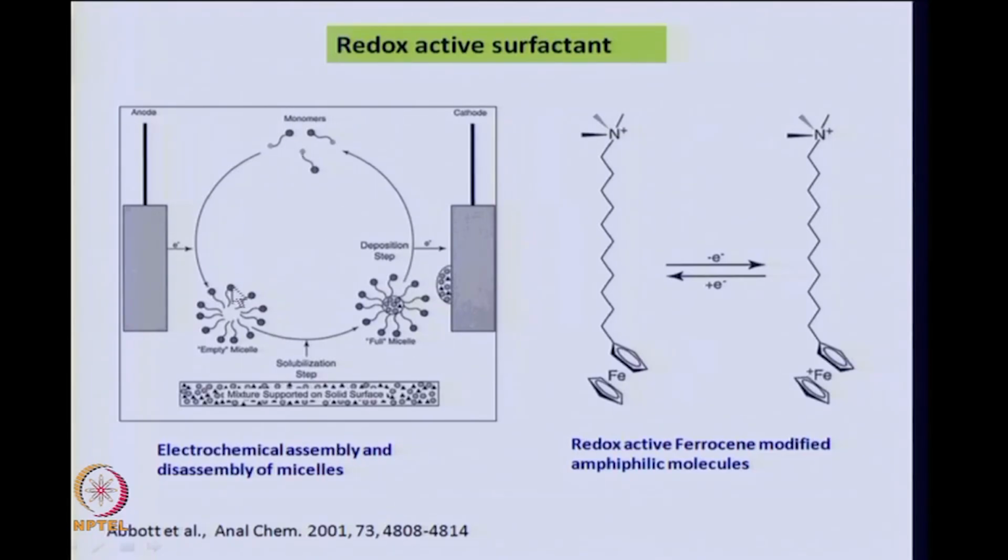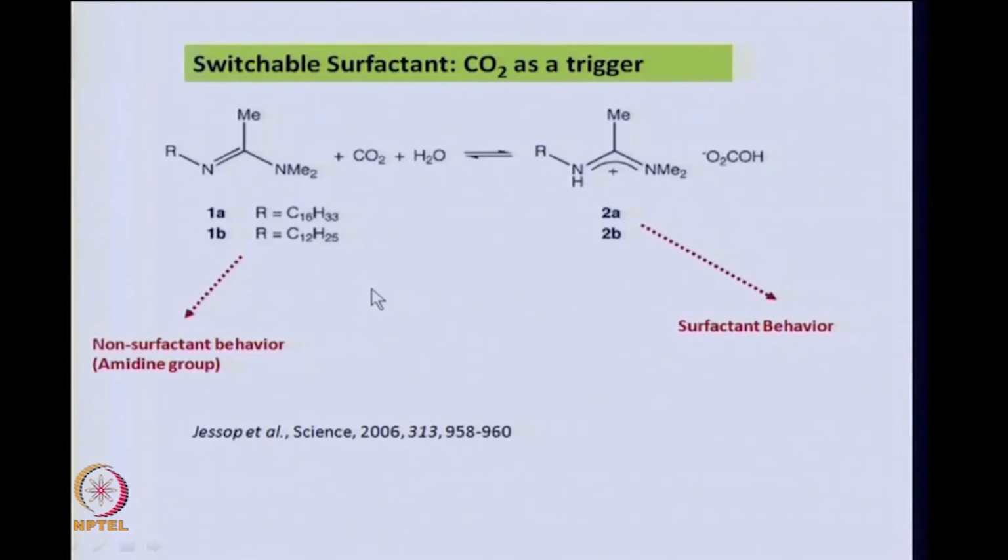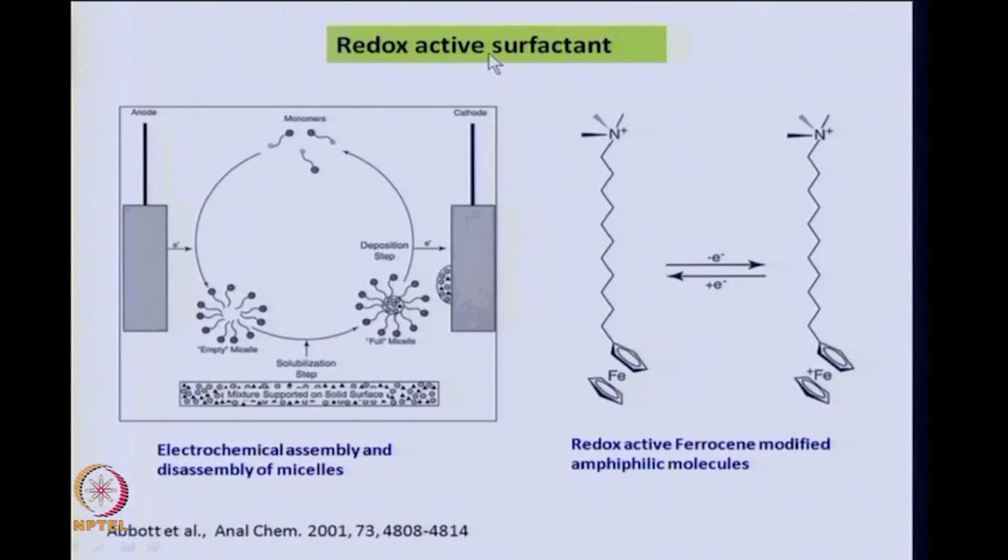So, from monomers to spherical surfactant aggregates in the presence of an electron, it takes up some oil and then gives out an electron to break up and leaves the oil, and again you can cycle these monomers. So, this monomer to surfactant aggregate through reduction and then opening up of the micelle through oxidation, this kind of redox active surfactants are also known. So, this is an example where you have used electrochemical assembly and disassembly of surfactants.